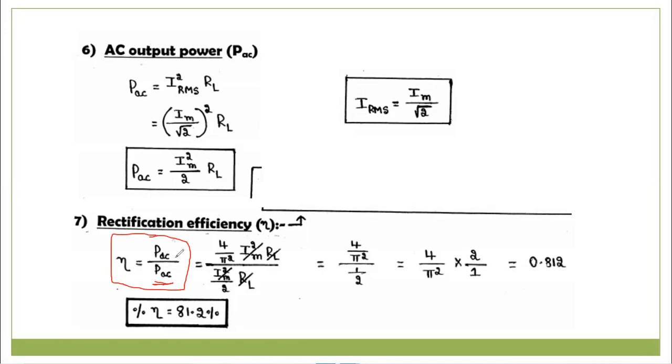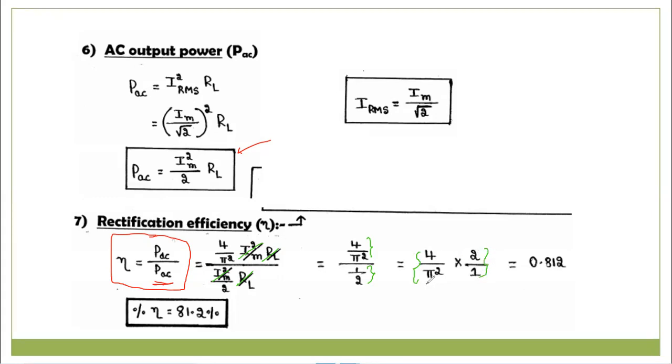Now just now we got PDC as 4 by pi square Im square into RL, and PAC as Im square divided by 2 into RL. In this expression, Im square and Im square get cancelled, and similarly RL and RL get cancelled. Once these terms are cancelled, we are left with 4 by pi square, and in the denominator we have 1 by 2. If I rearrange these terms, we get 4 by pi square multiplied by 2 by 1.